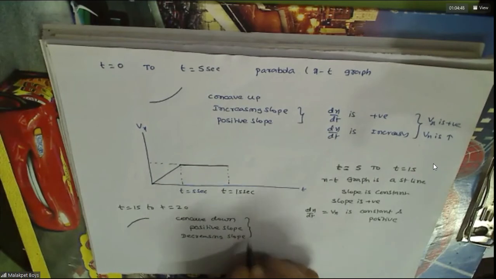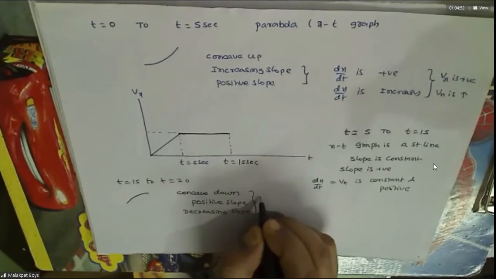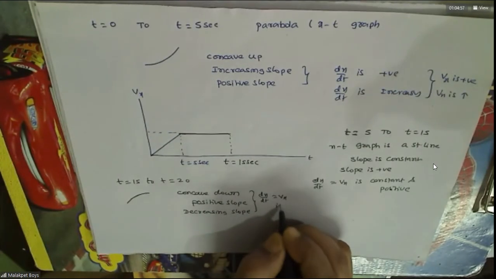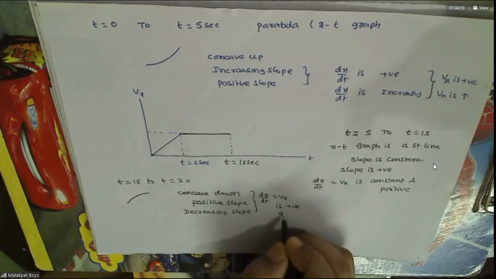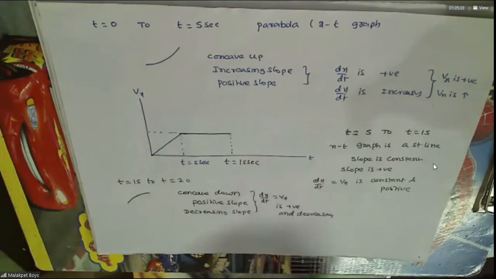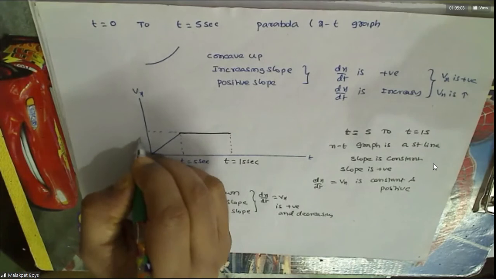So positive slope means dx by dt, that is Vx, is positive and decreasing.